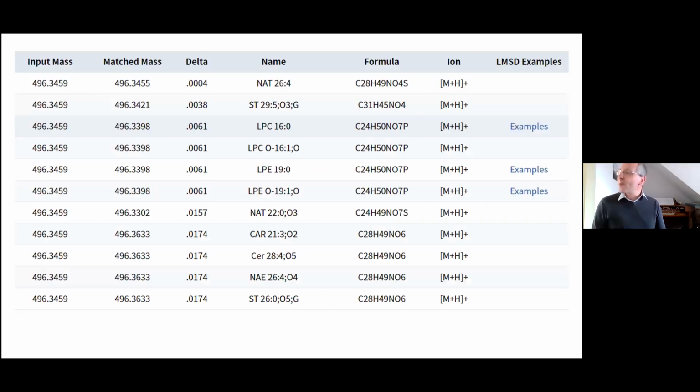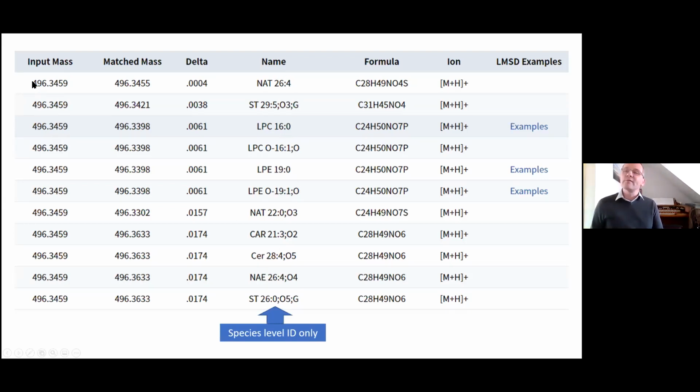And the results you get back look like this. You get the name of the lipid here in just the shorthand species level identification. So N-acyl taurines, these are some of the abbreviations I know I didn't cover on Monday for brevity. Steroid, glycine conjugate, lyso-PC, etc. But these are all the things that fit that list of data.